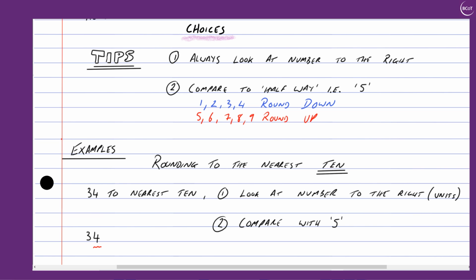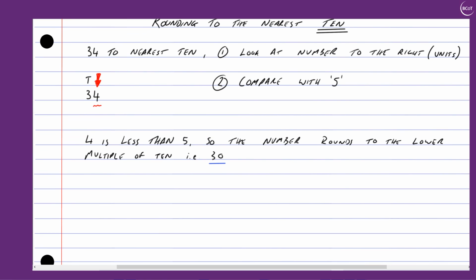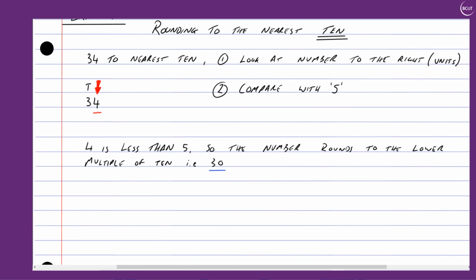So we look at the units, and the units column has a 4 in it, and 4 is less than 5. So the number rounds down to the lower multiple of 10, which is 30. So 4 is less than 5, so the number rounds down.